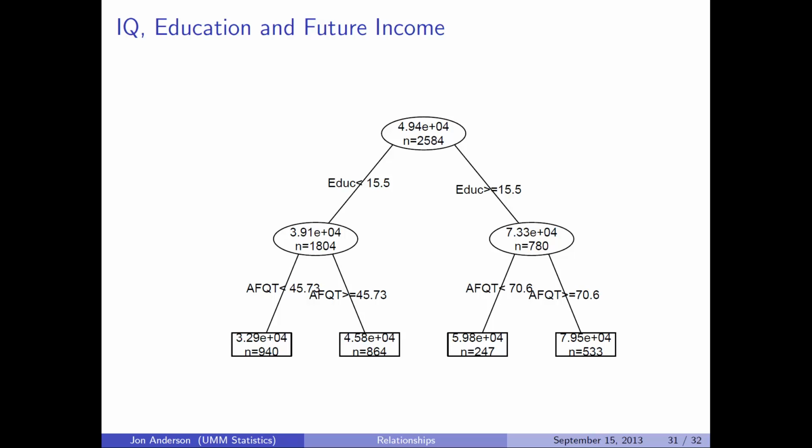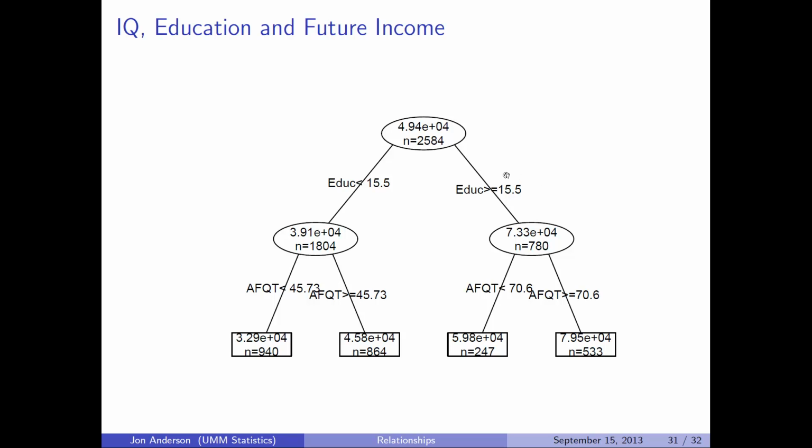And the single factor that we find that is the most discriminating between who are high and low earners is education in years above 15 and a half years. If you think about that, high school is about 12 years, another 4 years is 16. And so basically what this says is if you have a college undergraduate degree or higher, that is the best split to distinguish between who's got high and low income.